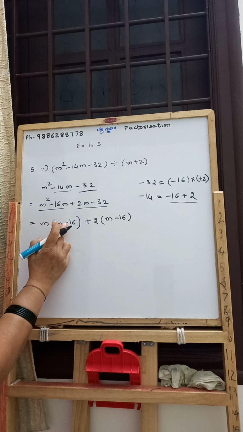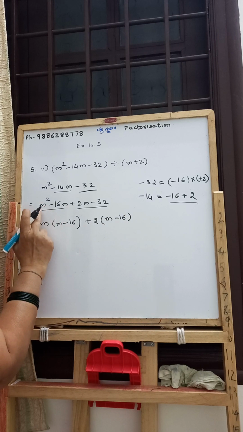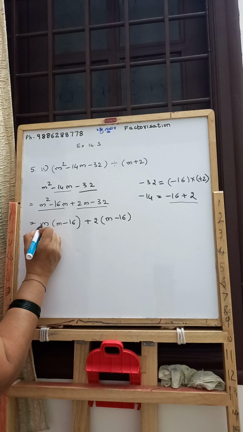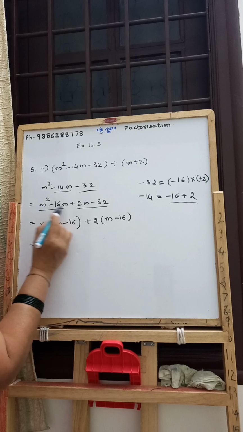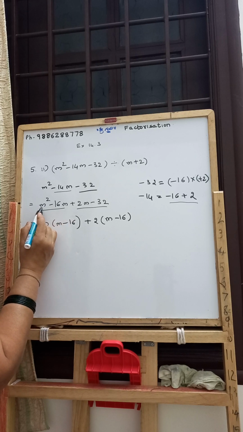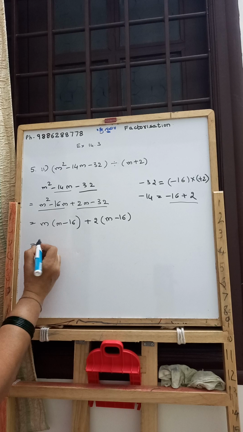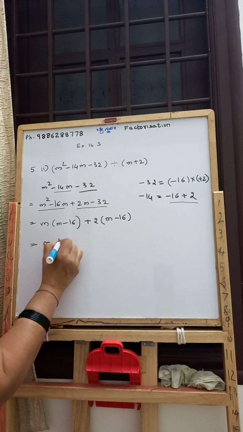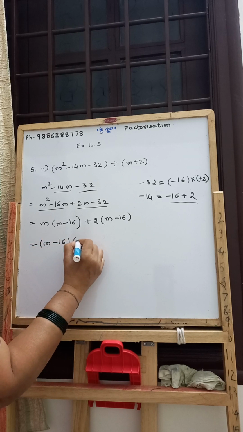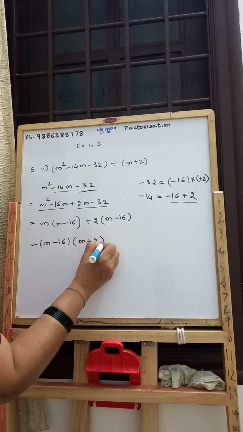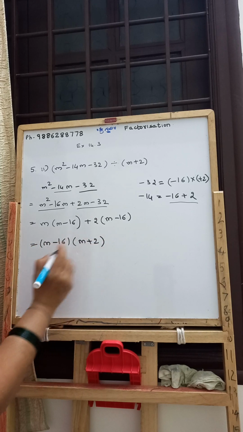While writing the signs, be careful, because m is the common factor of these two terms. Then we divide each term by m. m square upon m is m, minus 16m upon m is minus 16. So we get m minus 16 and m plus 2.